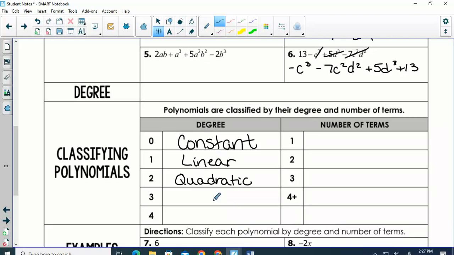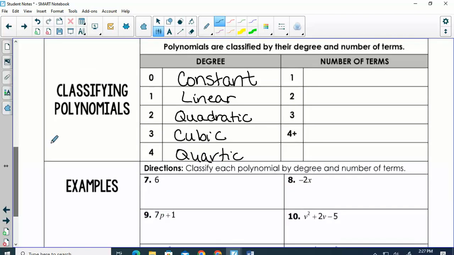So this is just some terminology. If it's a degree of 3, so an x to the third, that's called a cubic. And a 4 is called a quartic. We're not going to see many of those. Usually you only talk about linear, quadratic, cubic, but you could have higher powers.